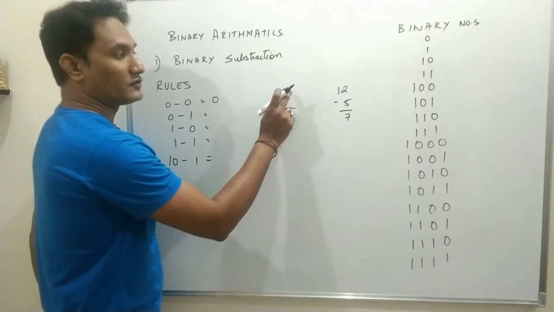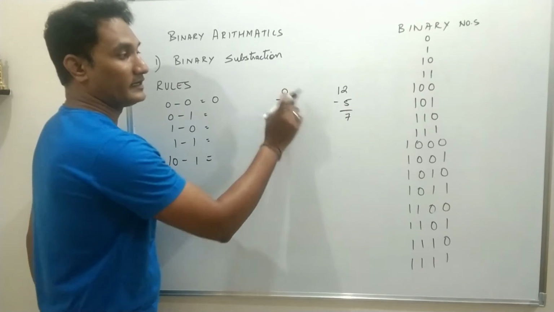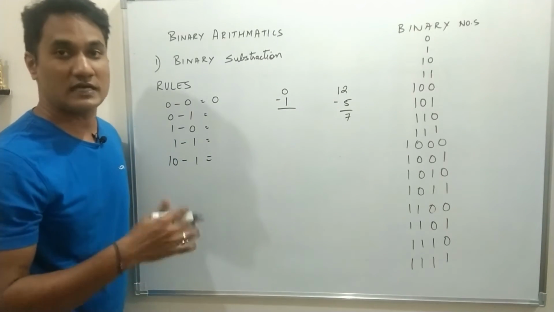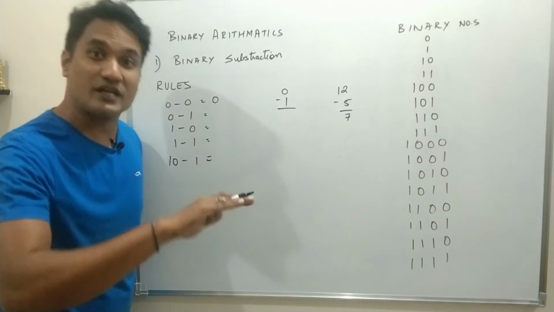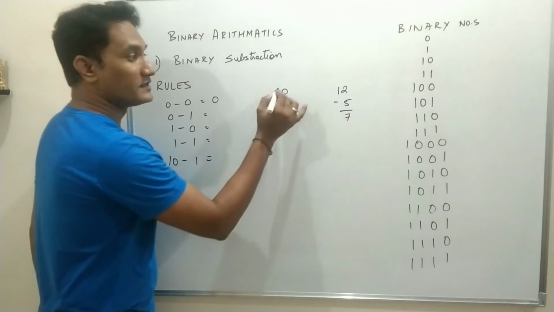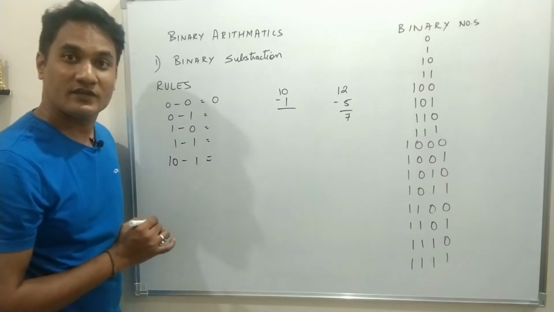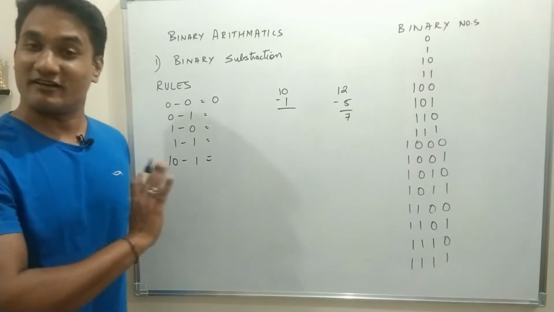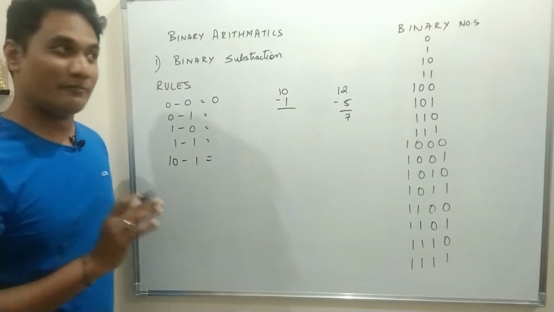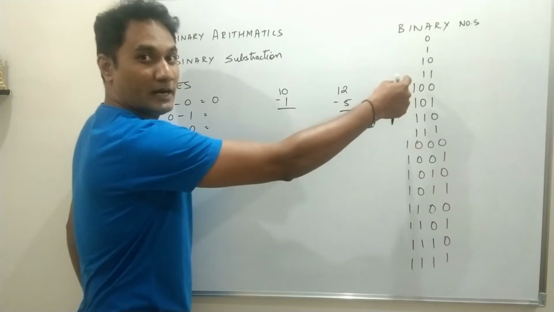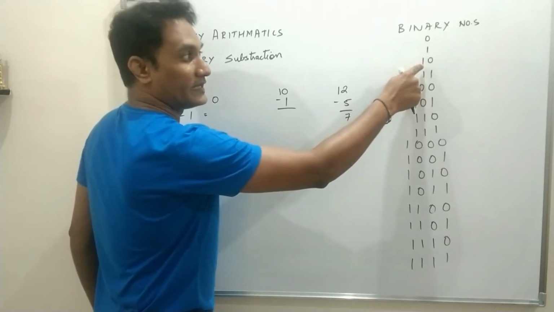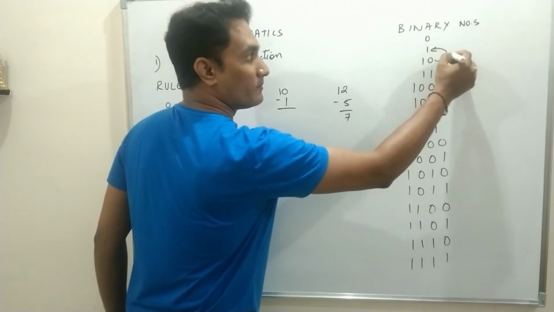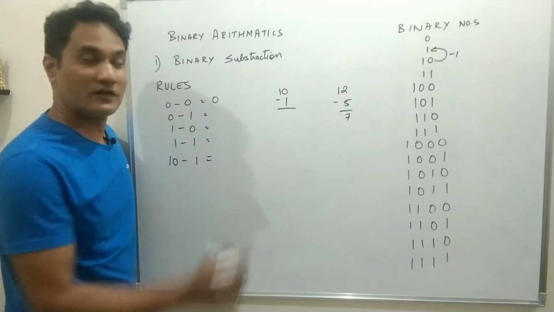So if I do the same thing in the binary number system, 0 minus 1, of course the answer will be minus 1. But if I can generate a borrow, what happens? This value becomes 10. So now what is 10 minus 1? No, it's not 9. It's not the decimal number system, it's the binary number system. So you have to check in the binary number system: 10 minus 1 will be the next lower number.